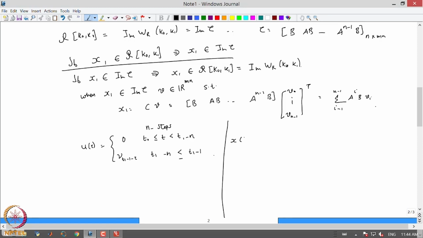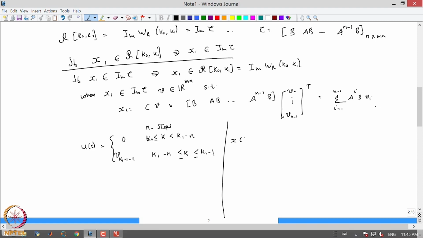So x, okay, so I should use a k here, because I am talking in discrete times. So this is, sorry, v of k1 minus 1 minus tau, for k naught less than or equal to k less than k1 minus n, and again for k1 minus n less than or equal to k, which is less than or equal to k1 minus 1.